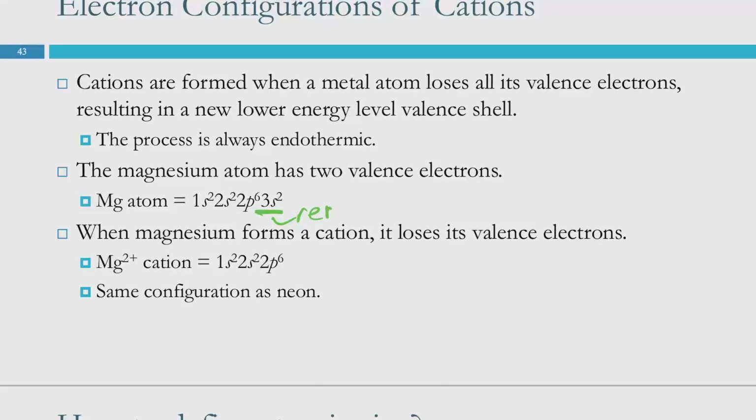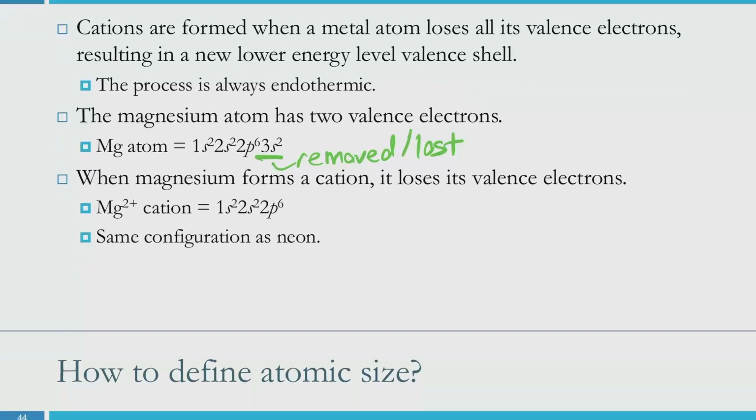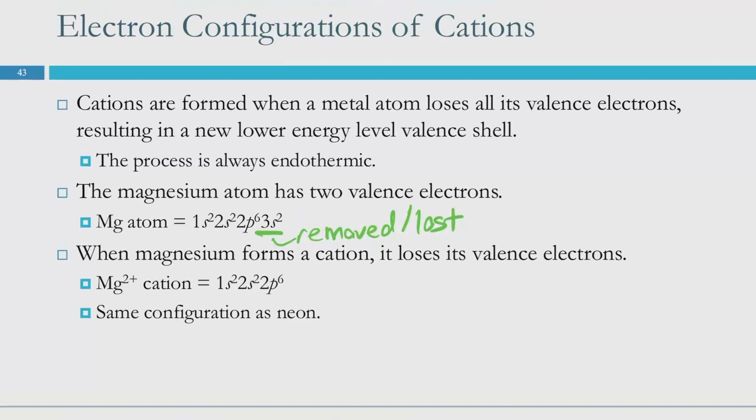So magnesium, for example, loses the 3s2 valence electrons, and then it becomes basically the same electron configuration as neon. Questions about electron configurations, orbital diagrams, blocks?